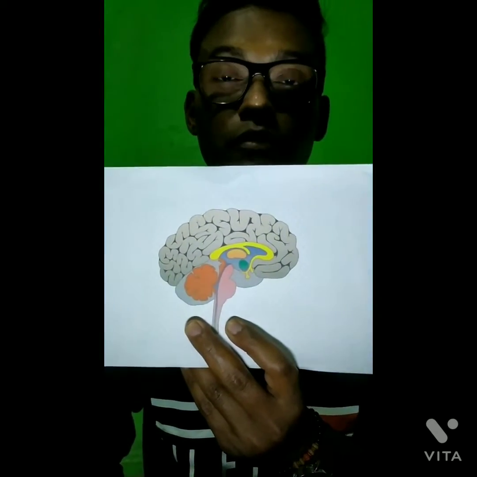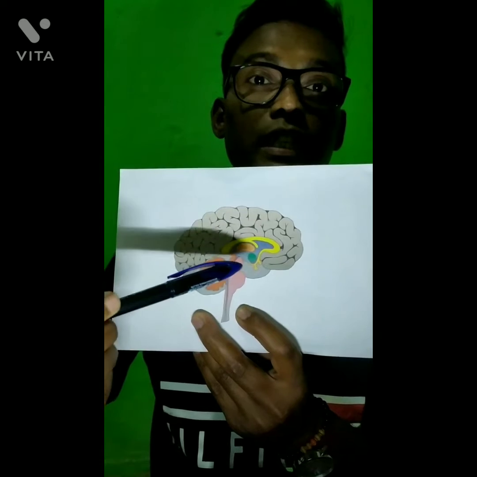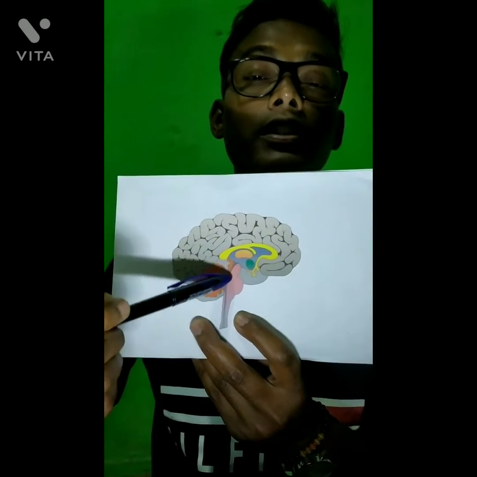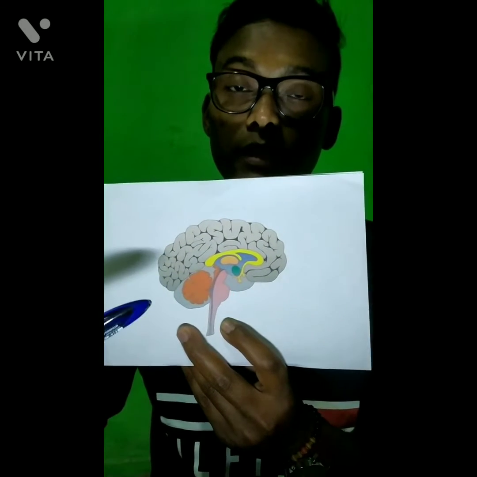Now, today we will talk about the evolutionary psychology of the triune brain, the three stages of our brain. So, this is our triune brain. This is the reptilian brain, which is known as the brainstem.